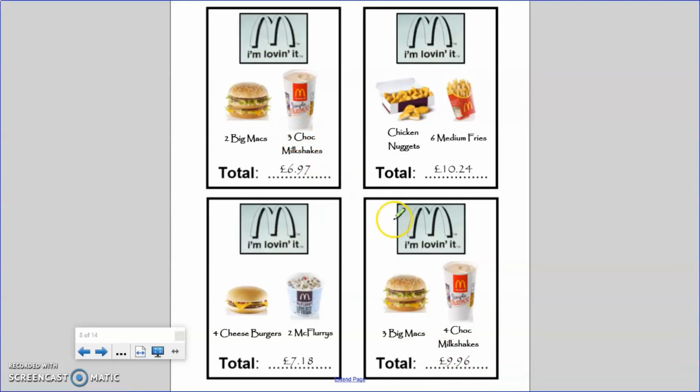Can you look at these 2 receipts and create a pair of simultaneous equations like we did on the very first slide of the video, turning the visual representation into algebra? And then can you solve it to find the value of a Big Mac and also find the value of a chocolate milkshake? Could you apply that to other receipts within the problem-solving task?